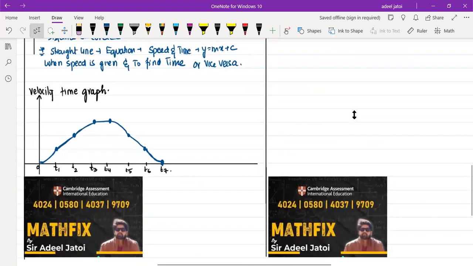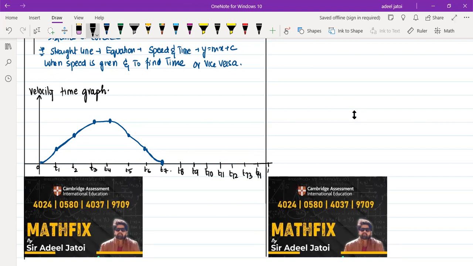Similarly, then what we have is, let's say, T8, T9, T10, T11, T12, T13, T14, and T15.